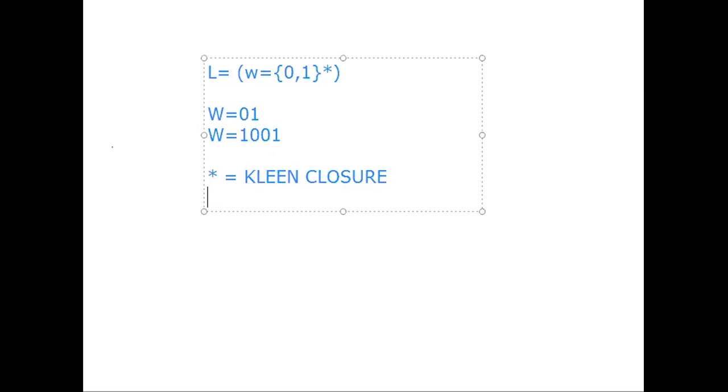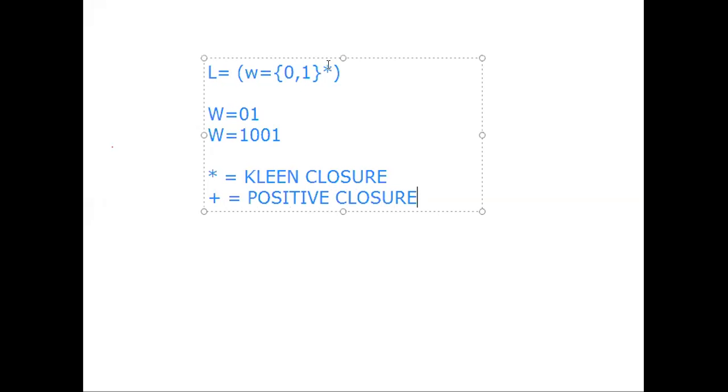Now the second symbol is plus. Plus is known as the positive closure. Positive closure means only one alphabet, but any alphabet.